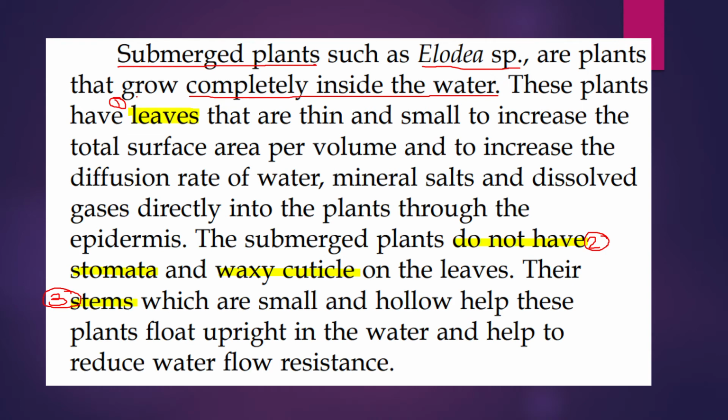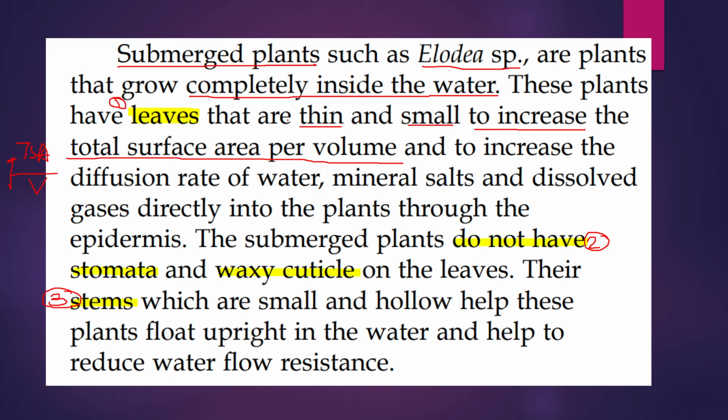So these plants, they have leaves. Ada punya adaptasi dari segi daunnya, also very thin and small. Thin and small. And you have to explain the purpose of that is to increase the total surface area per volume, TSA per volume. Besar.